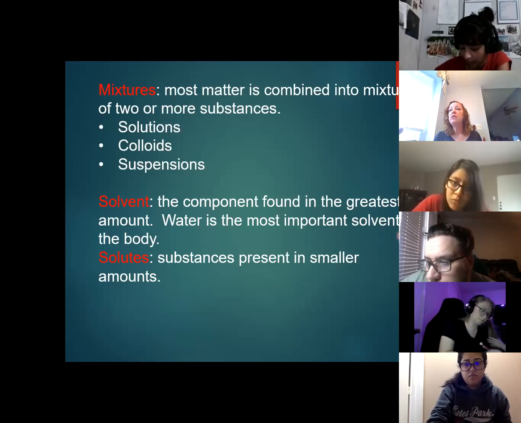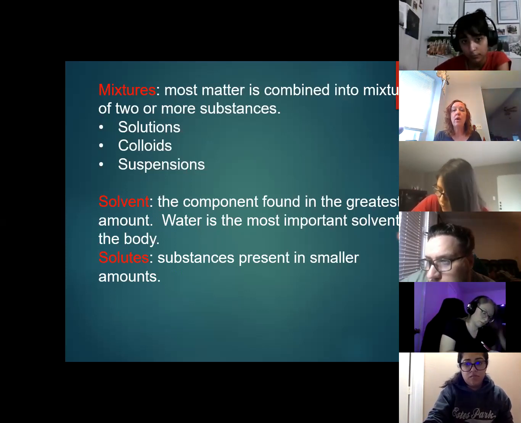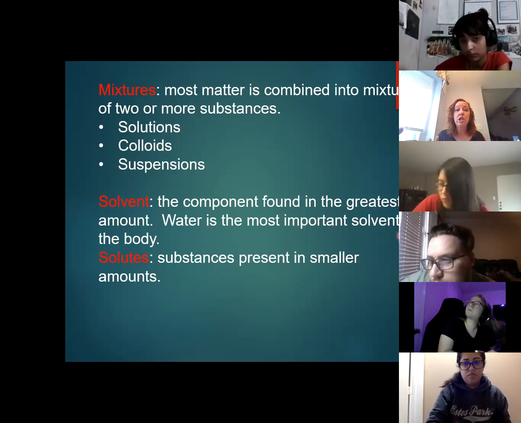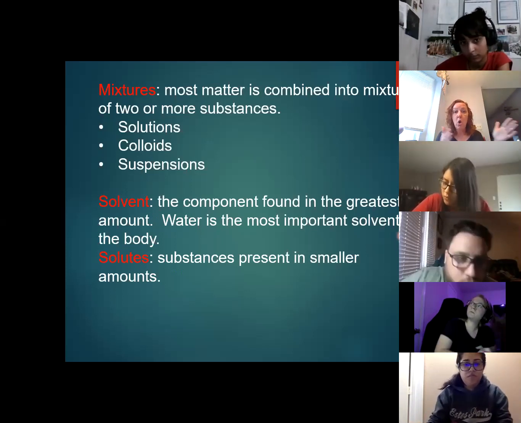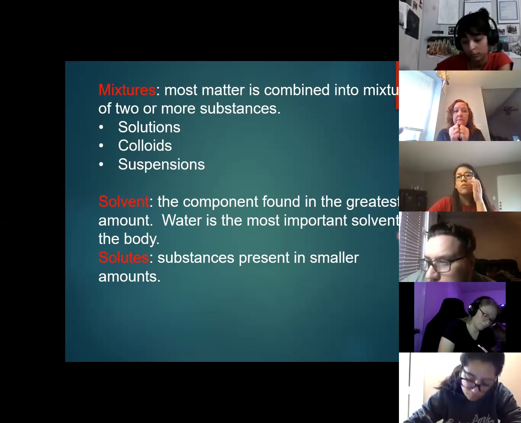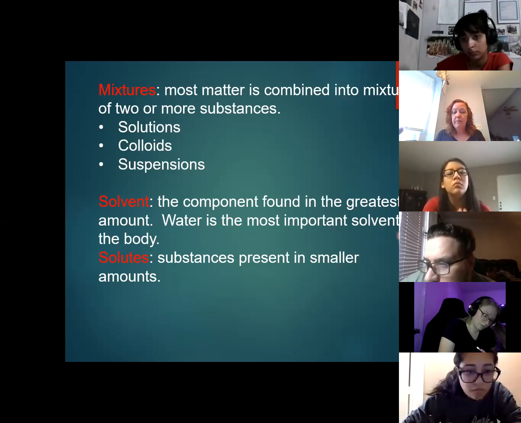Yeah, Alondra, that's a great example. Oxygen would be a great example of a molecule of the element, because oxygen that we breathe is what? O2. So we have 2 oxygen molecules bonded together.